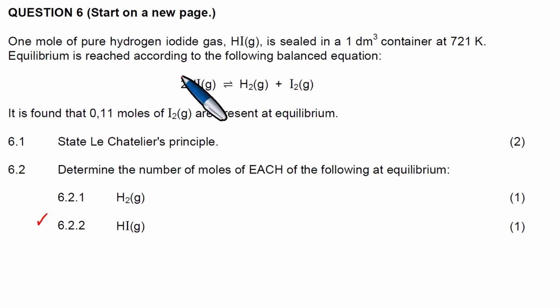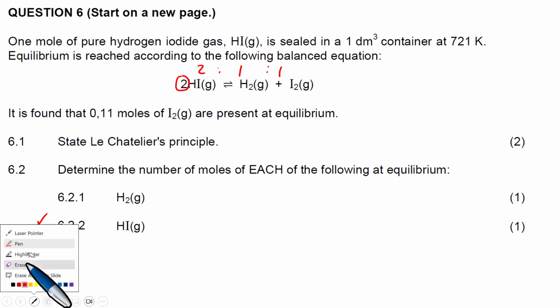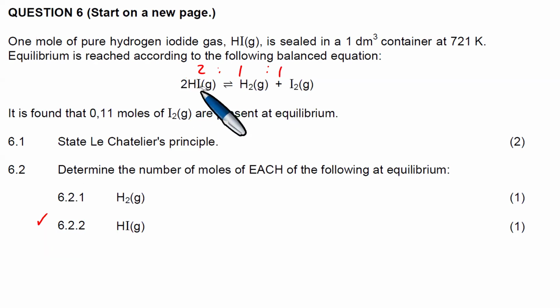We've already said the ratio is 2:1:1. So at this point, we need to determine the number of moles of each of the following at equilibrium.